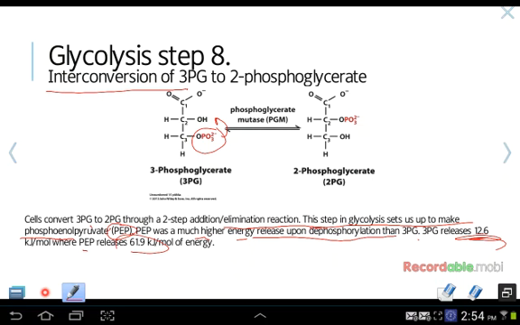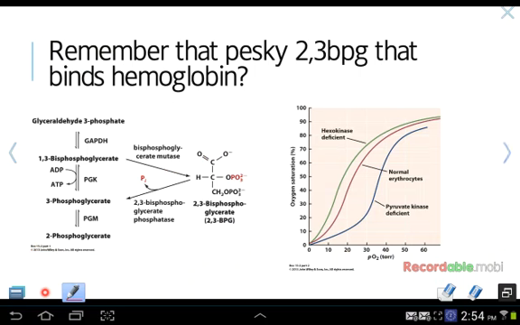So the first step in making PEP is to transfer the phosphate from carbon 3 to carbon 2. Okay, so remember 2,3-BPG that binds hemoglobin. 2,3-BPG is actually a byproduct of glycolysis.